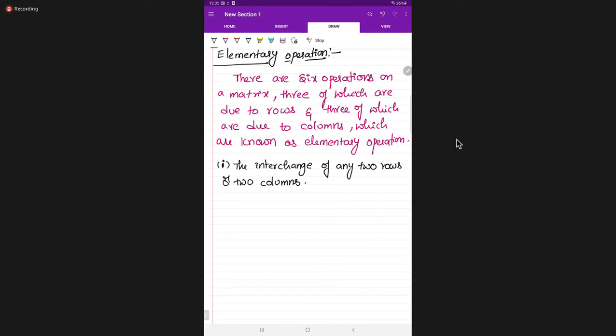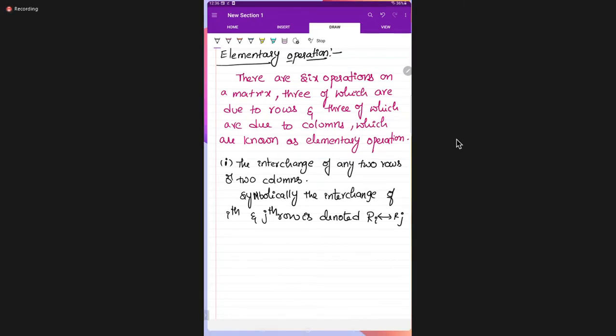The interchange of the ith and jth row is denoted by Ri interchange Rj.